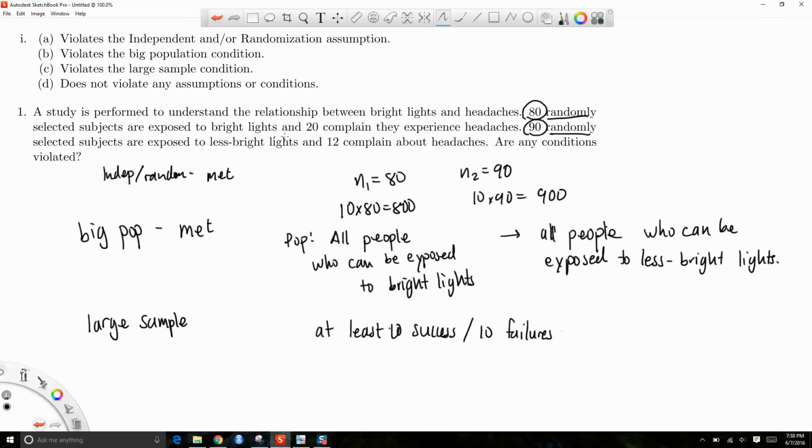Over here we have 20 with headaches, and the sample has a total of 80 people, so 80 minus 20 is 60 with no headaches.